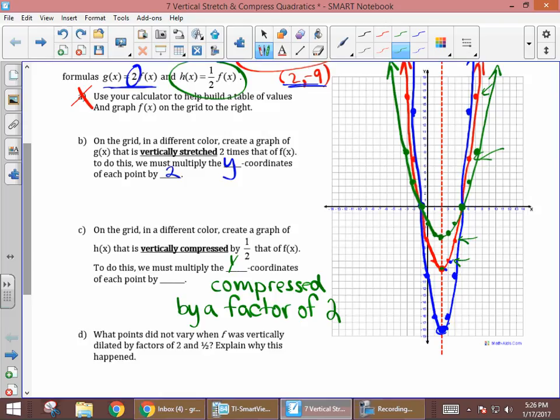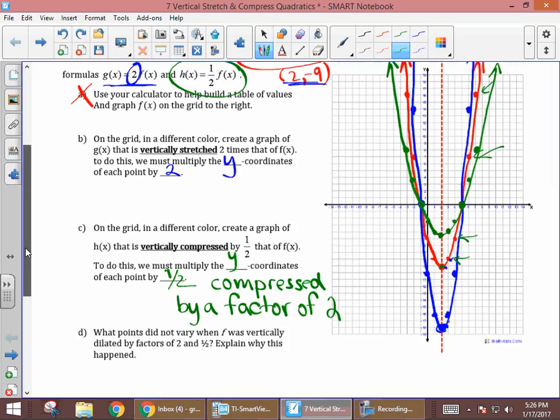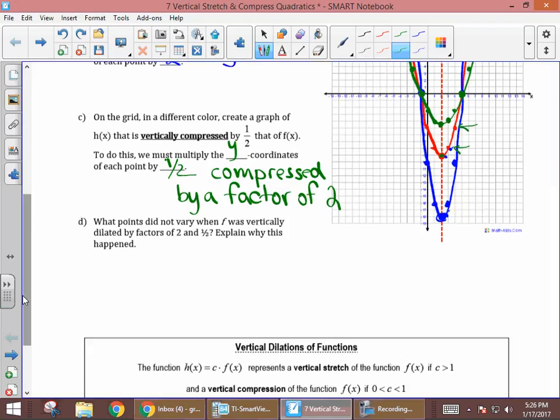All I'm doing here again is multiplying all the y values by 1/2. Could I write all of those points down and just divide the y's by 2? Absolutely. What points did not vary when f was vertically dilated by factors of 2 and 1/2? That would be the x values.